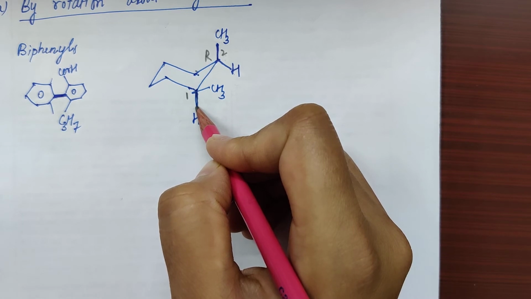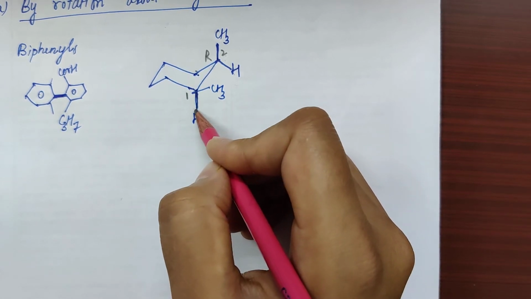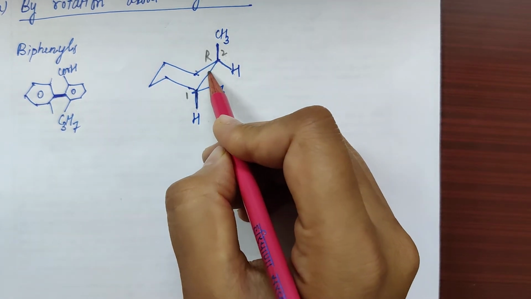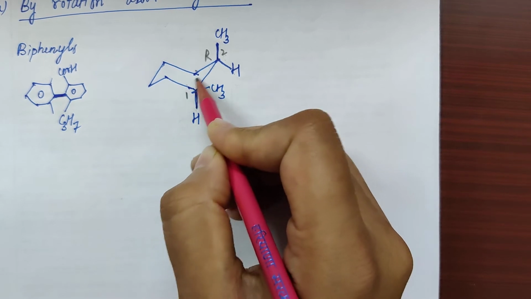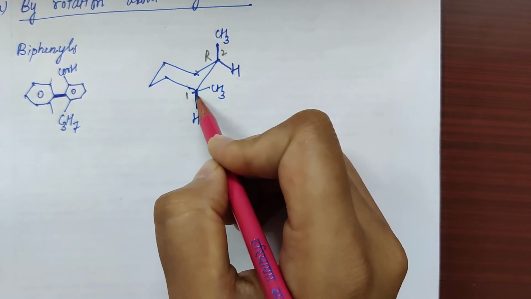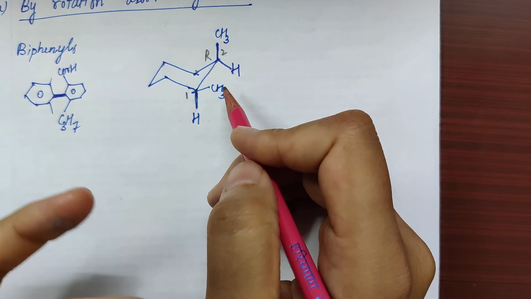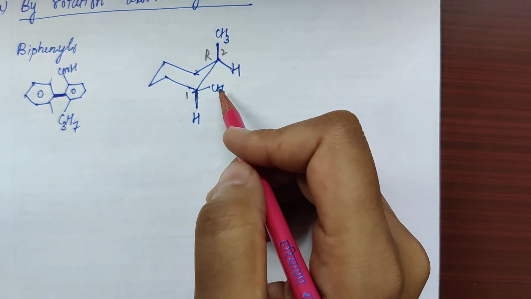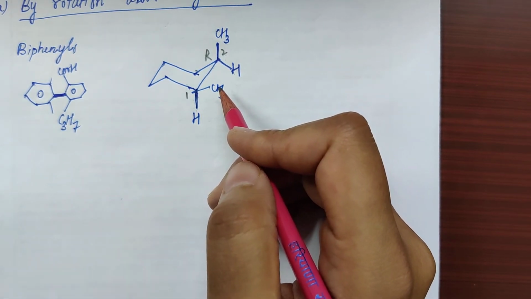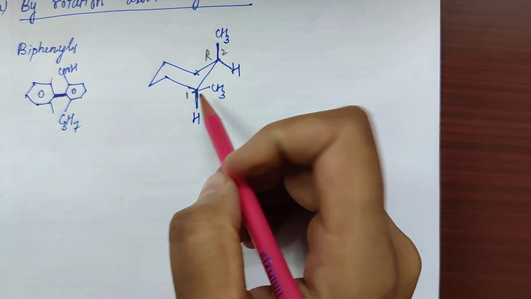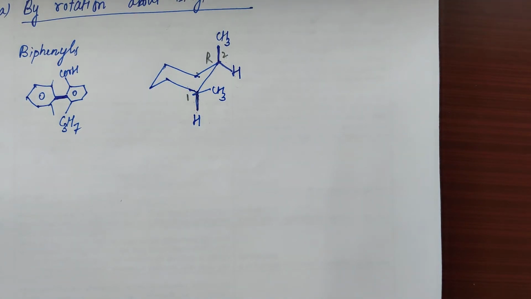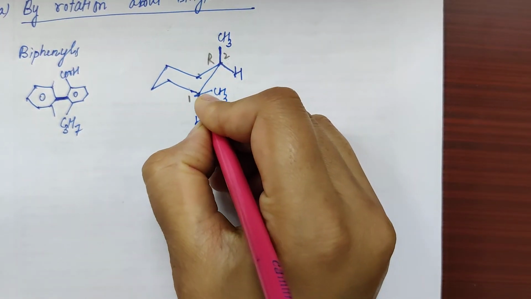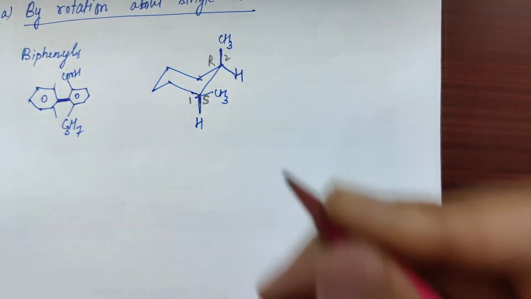So the least priority group is not away from the viewer. So when you are assigning the priority here, 1, 2, 3, the rotation here is anti-clockwise. If you imagine it in the opposite direction, आप दूसरी साइड से अगर देखते हो तो आपका रोटेशन एंटी क्लॉकवाइज है, and in that case you will be providing the nomenclature as S. ये S हो जाएगा, ठीक है.